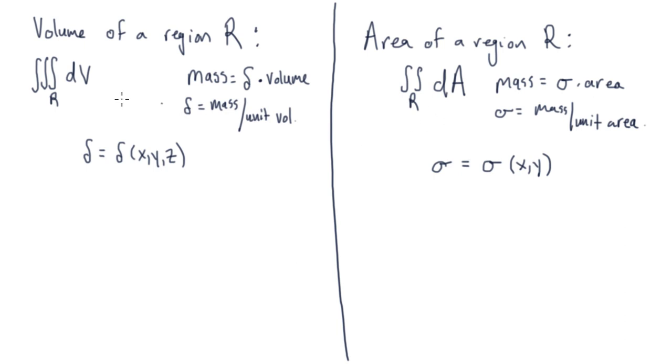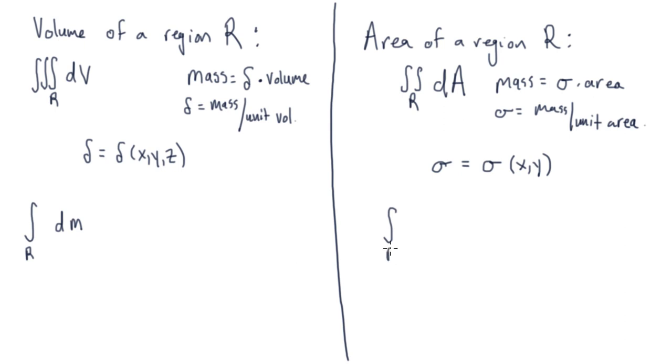Well, all we do is, instead of just integrating the function 1 over the volume elements, we want to integrate over what we're going to call mass elements, dm. And we're going to do the same thing over here.